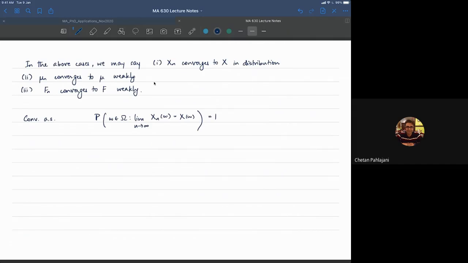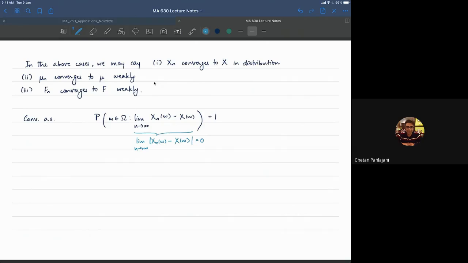So what were you doing here? For individual omegas, you were comparing xn of omega and x of omega. And what you wanted was that the limit as n goes to infinity of the absolute value of xn omega minus x omega goes to 0.